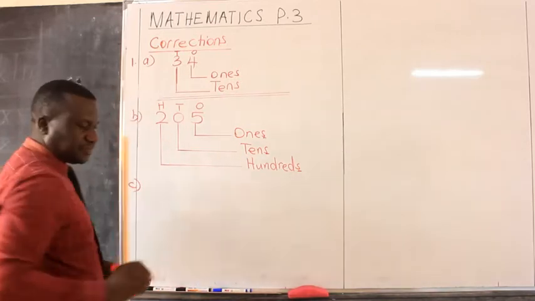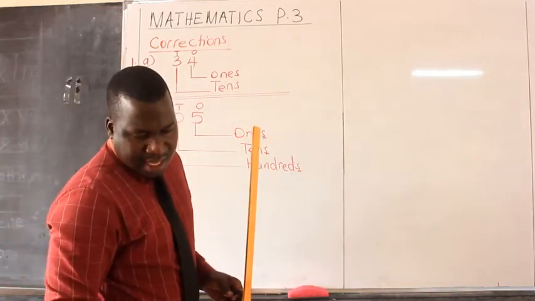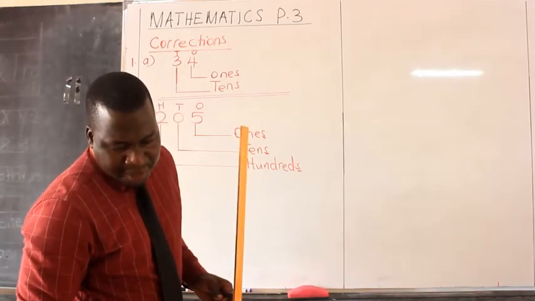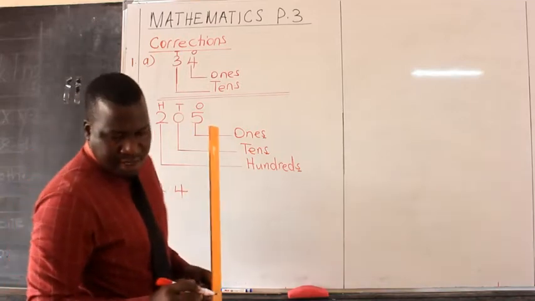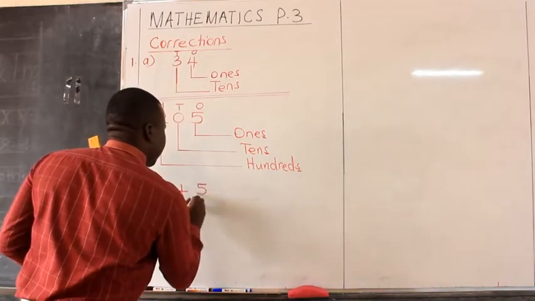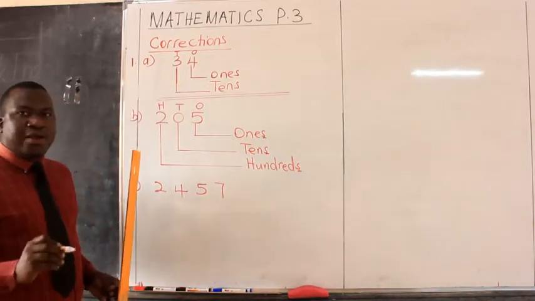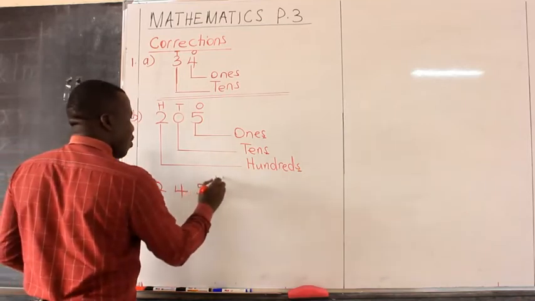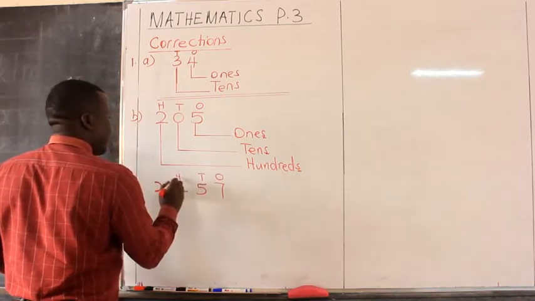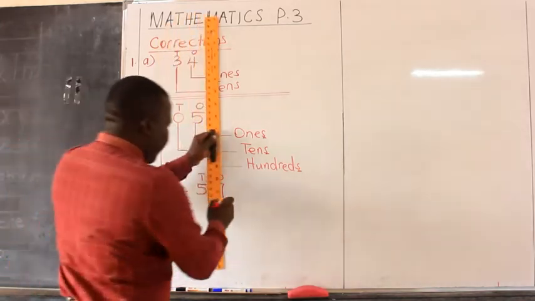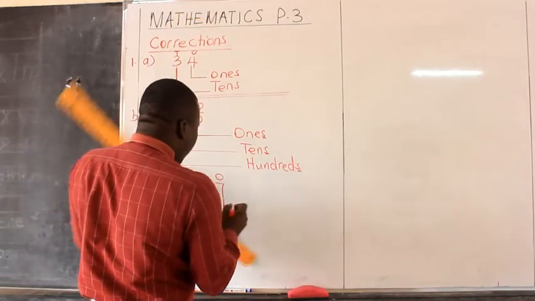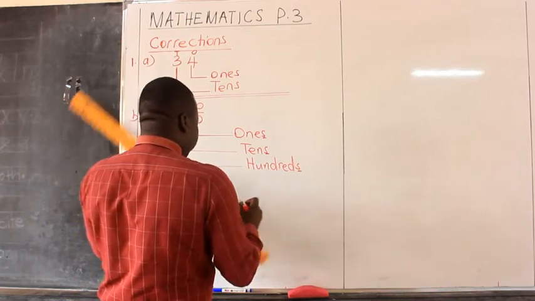Part C, the number was 2,457. So we have ones, tens, hundreds, thousands. We write the place value for each digit.